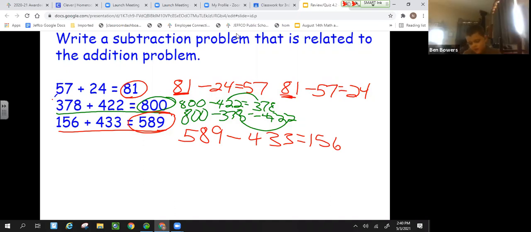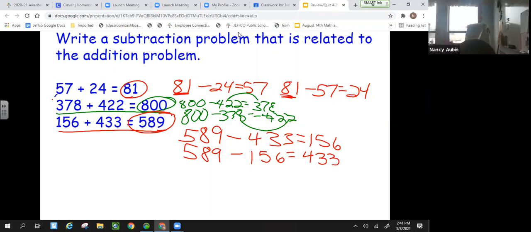My other one is 589 minus 156 equals 433. Does anyone disagree or does everyone feel pretty good about that? Yeah? Thumbs up? All right, well done, Mr. Bowers. I appreciate you sharing your thinking.